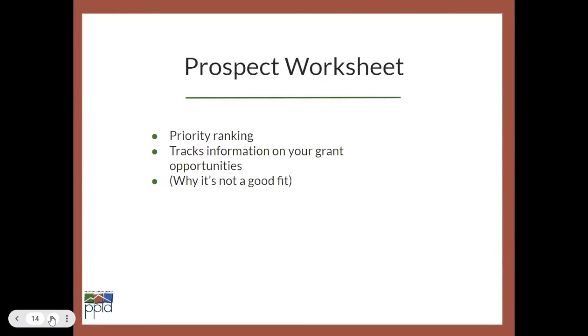All right, so I talked about the prospect worksheet a little bit. It's important to track however it works for you. What I think is important is to state why it is or isn't a good fit. Sometimes you go down a rabbit hole of looking at funders that leads you to another funder, and all of a sudden you're lost, and you start your search all over again wondering, did I look at this? I've already looked at 50 funders.